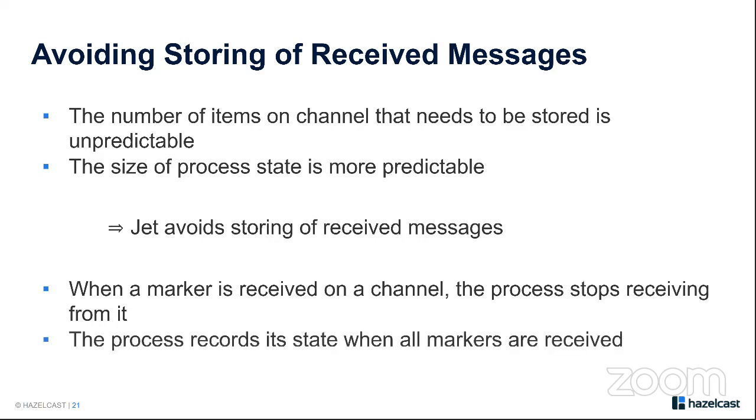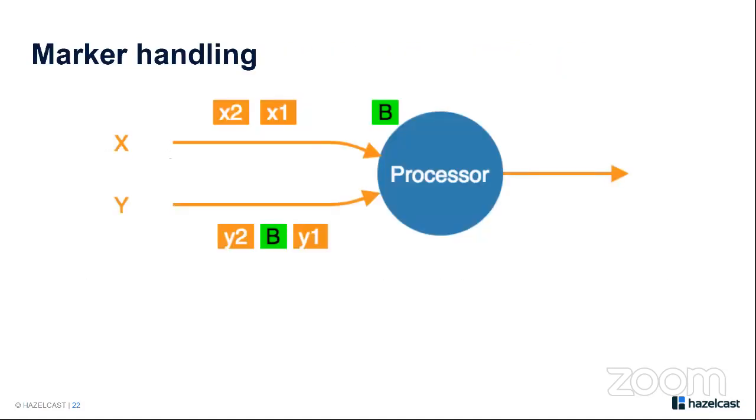We do this until we have the marker from all other input channels, and only then we record the process state. So it simulates the situation as if the marker was received at the same time along all inputs.